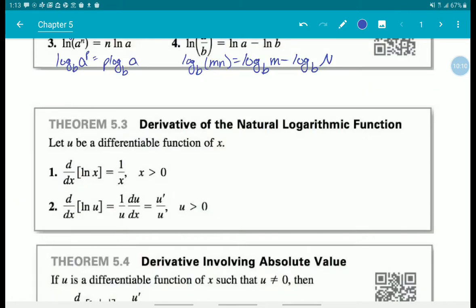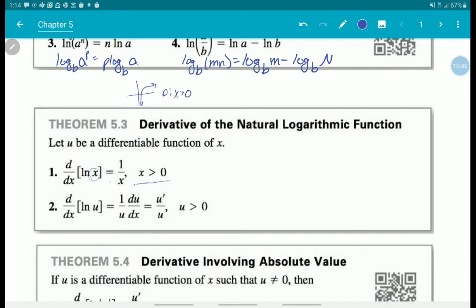So now let's go back and talk about the derivatives. If we want to take the derivative of the natural log function, ln of x, it's going to be 1 over x. Now keep in mind, because the ln of x had a domain restriction, then this derivative has to have a domain restriction also. ln of x, remember if you think about that graph, has a domain of x is greater than 0.